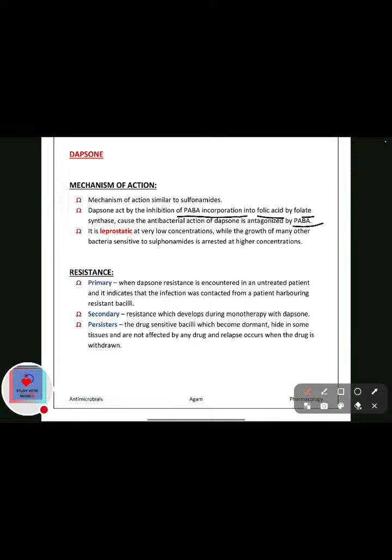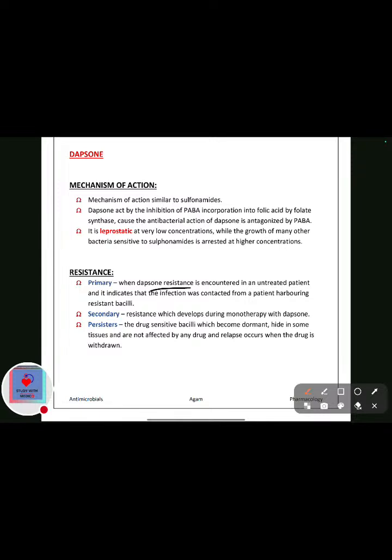Talking about resistance: primary dapsone resistance is encountered in an untreated patient, and it indicates that the infection was contracted from a patient harboring resistant bacilli.